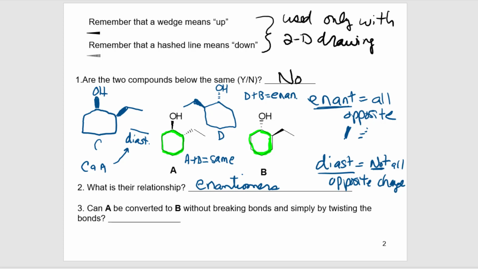Now, can A be converted to B? Now remember, A and B are enantiomers. Can A and B be converted without breaking any bonds? Just by twisting.